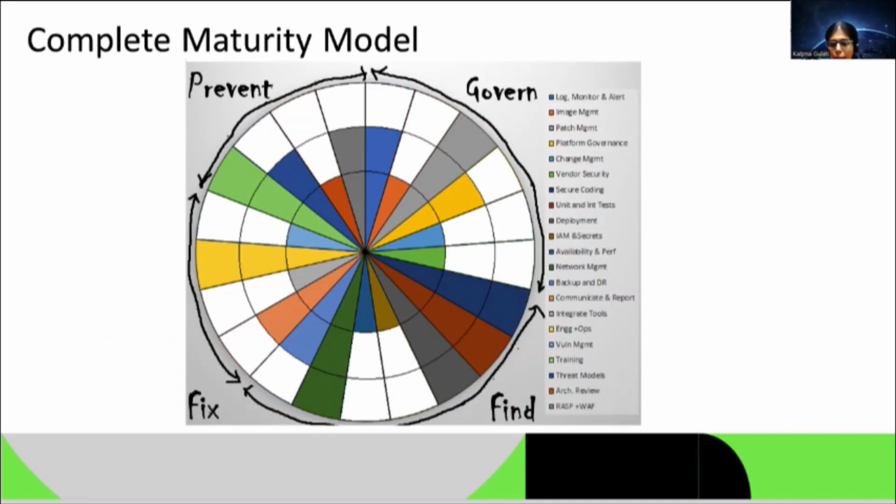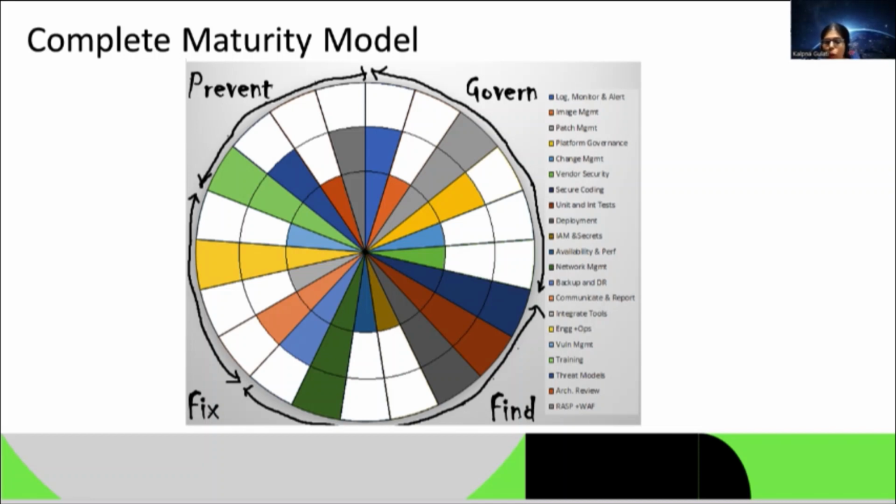So as we move ahead, the complete maturity model for govern, find, fix, and prevent would have all these well colored depending on which stage of the maturity model you are. If you see the inner circle, that's level one, the middle circle is level two, and the outer circle is level three.